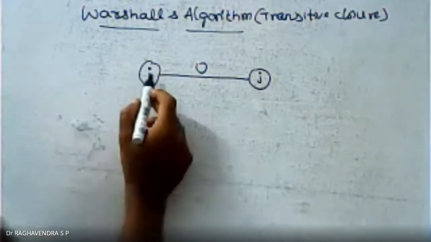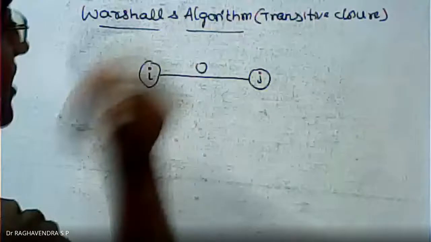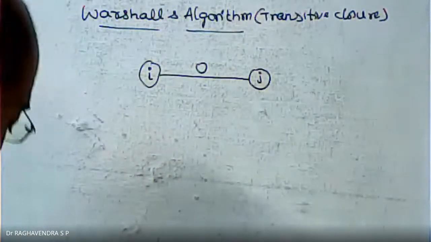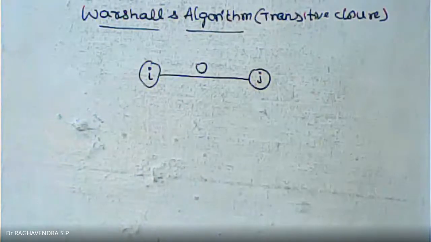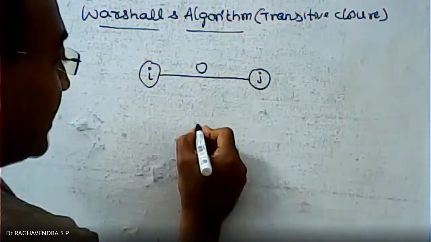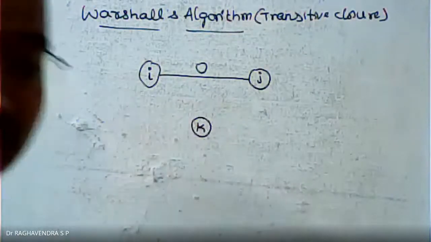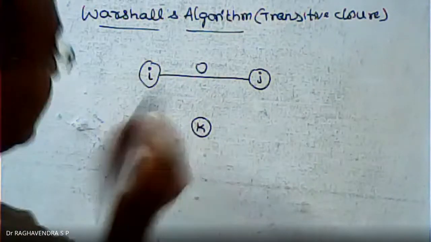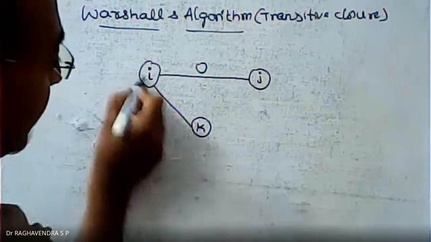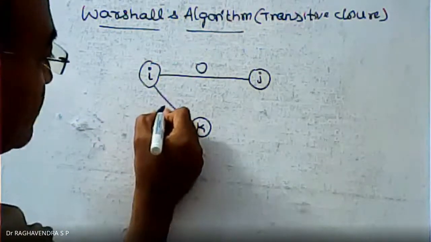There is no direct edge from I to J because the cost is 0. If the cost is 0, it means there is no direct edge from I to J. Then suppose there is another vertex K, and there is an edge from I to K, so the value becomes 1.